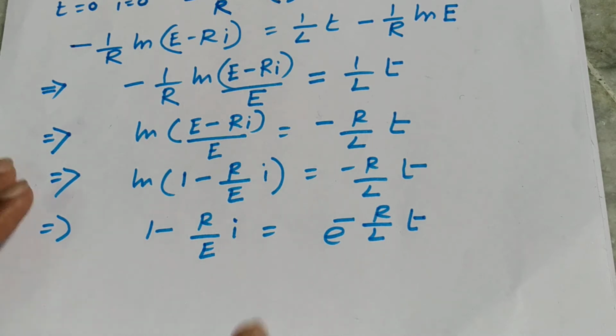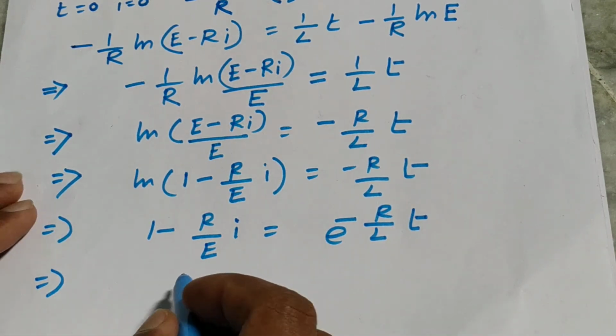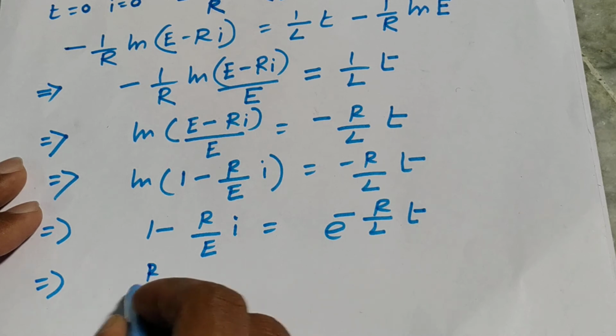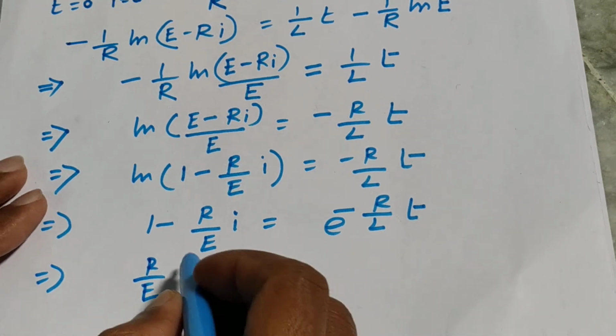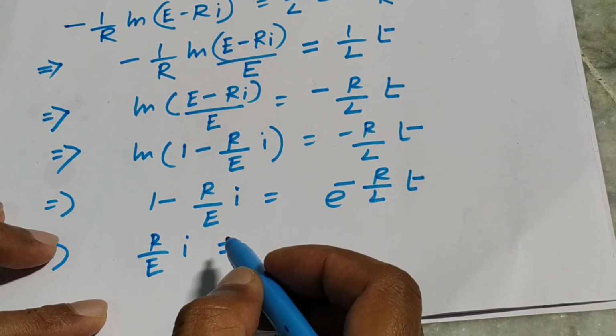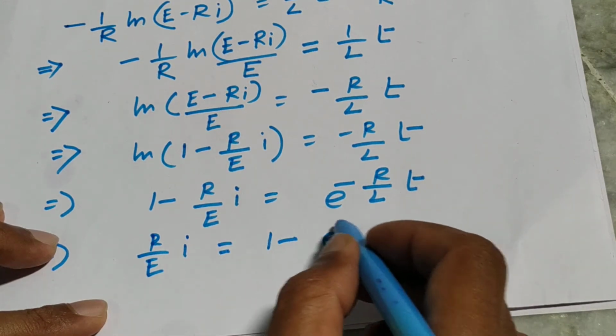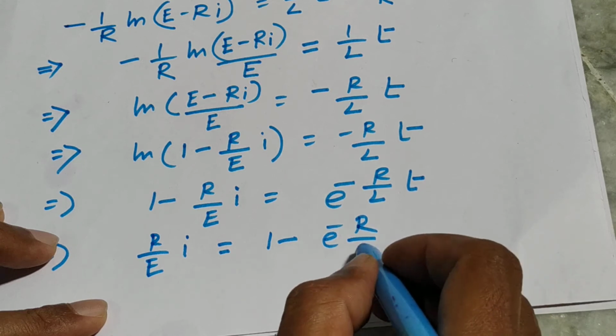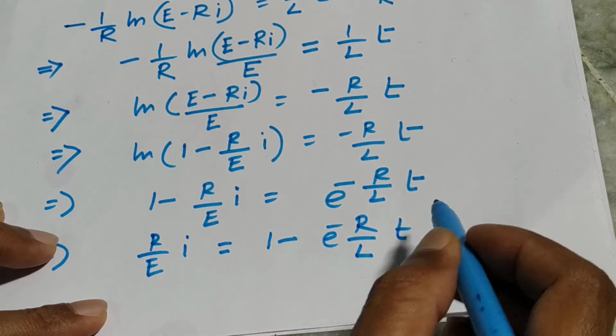Or R by E I equal to 1 minus exponential minus R by L into t.